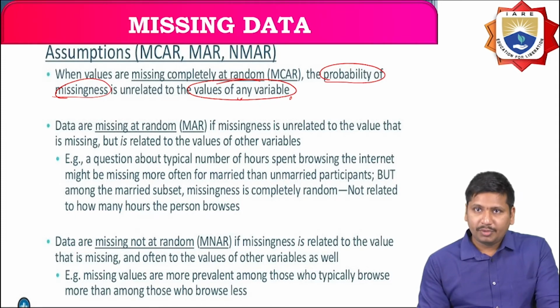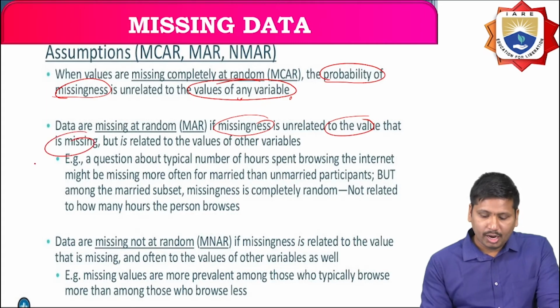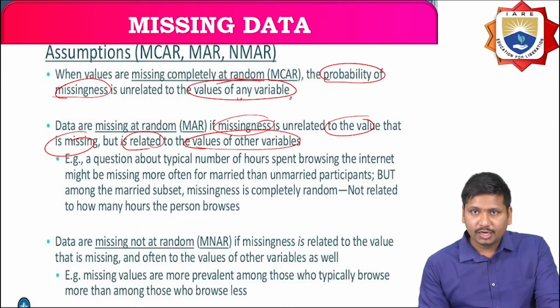The next one is MAR. If the missingness is unrelated to the value that is missing but is related to the values of the other variable, at that time I have to make use of the MAR method.